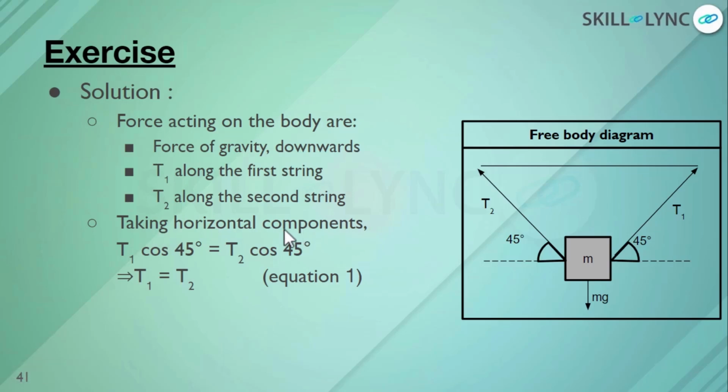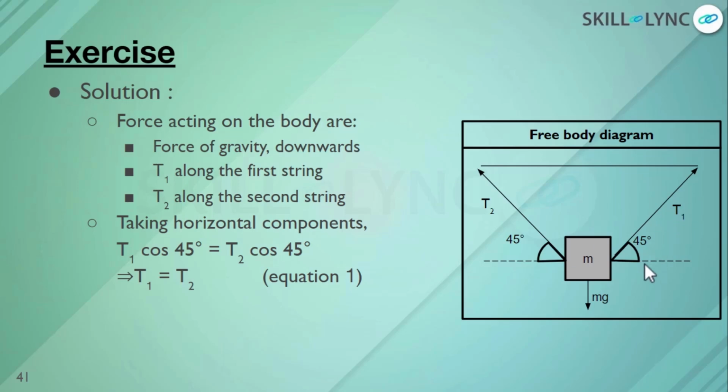Thus, taking horizontal components, we can write T1 cos 45 equals T2 cos 45. How can we write that? Since string 2 makes a 45 degree angle with the horizontal axis, if we consider this as a right angle triangle and apply trigonometry rules, in the horizontal axis we can write T2 cos 45.